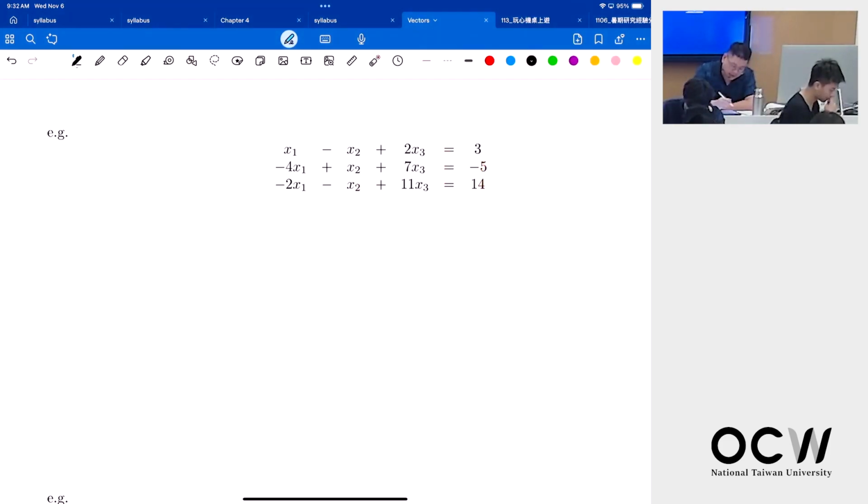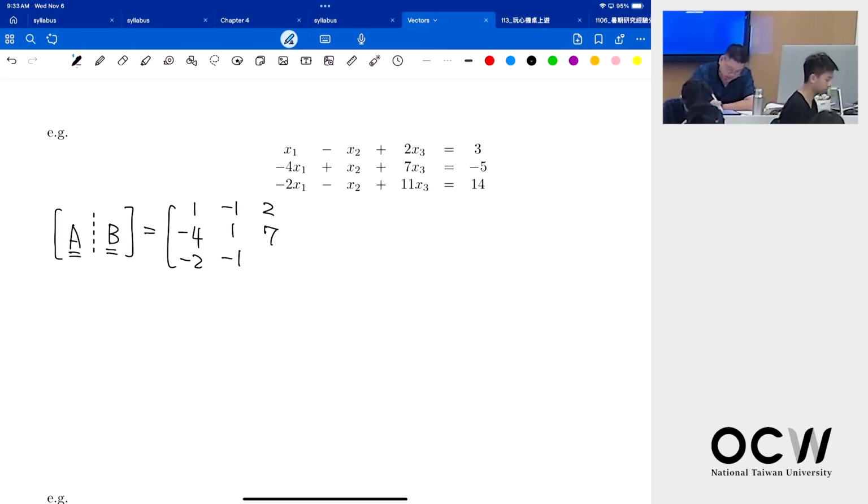So again, we need to write the augmented matrix first. 1, minus 4, minus 2, minus 1, 1, minus 1, 2, 7, 11 and 3, minus 5, 14. Let me give you 5 minutes. Okay, try to find a reduced augmented matrix.